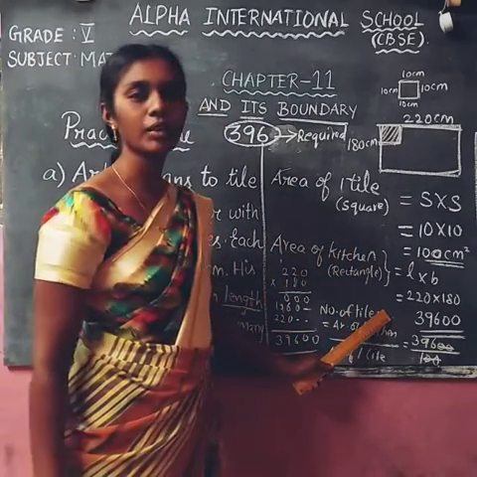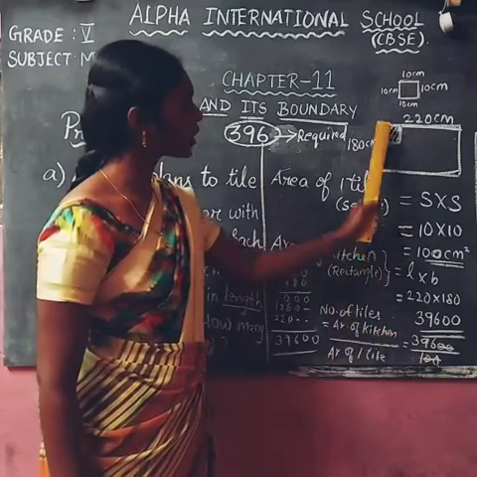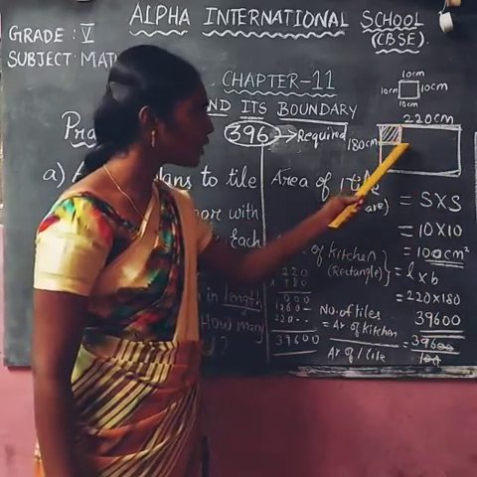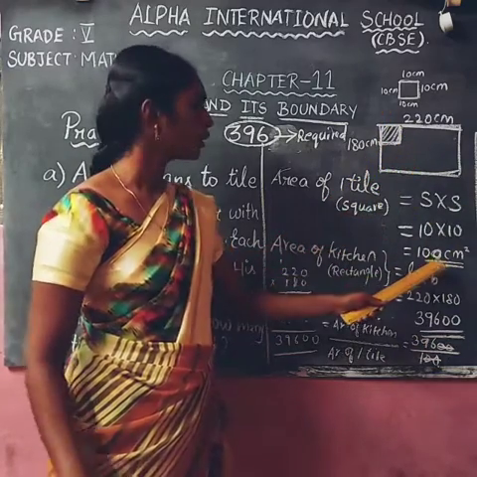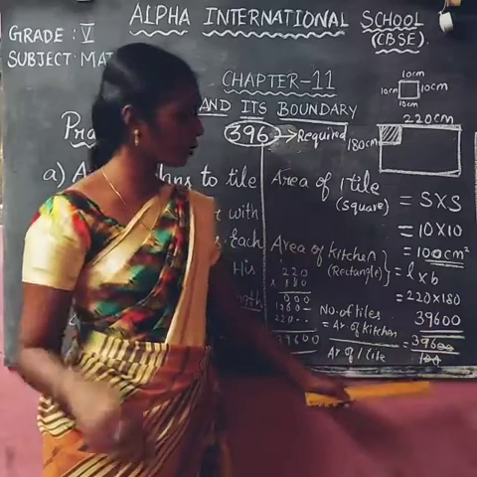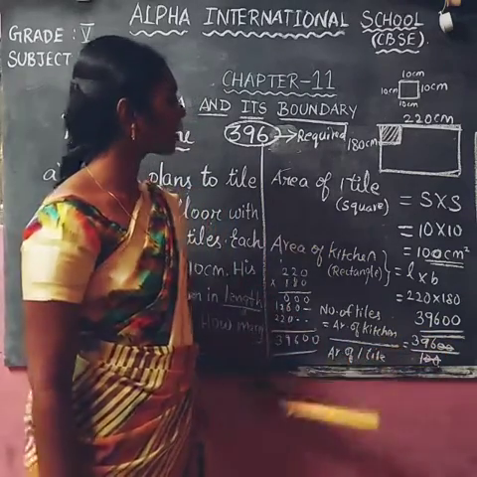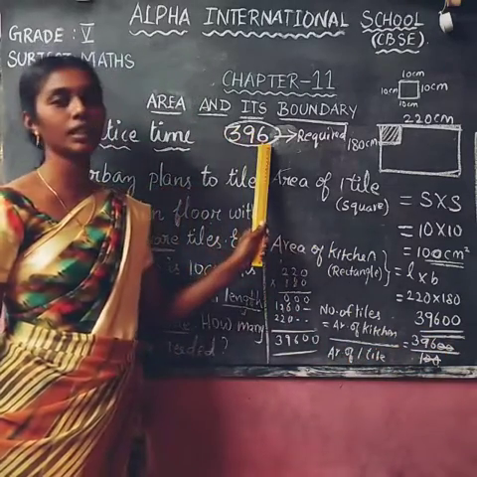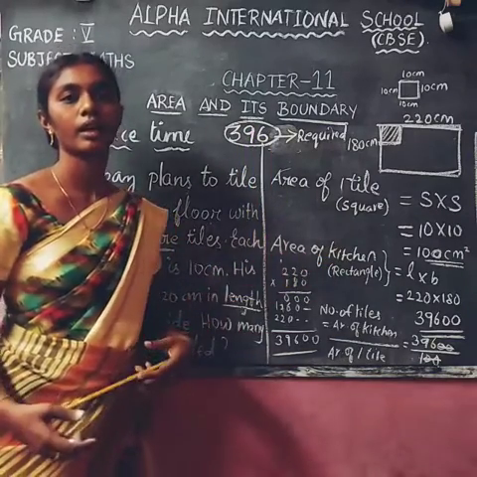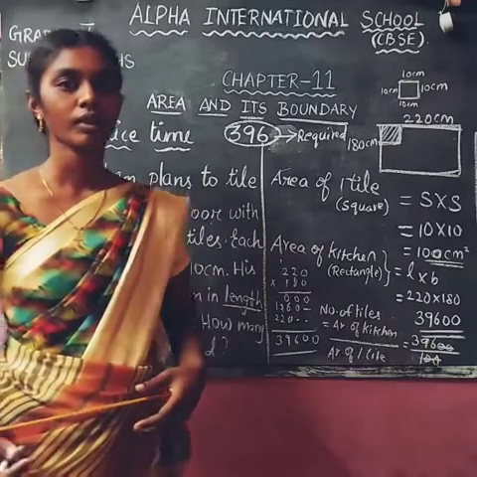So the number of tiles required is equal to the area of the kitchen divided by the area of each tile. The total area of the kitchen is 39,600 and the area of one tile is 100 centimeter square. Dividing 39,600 by 100, the 0s cancel. At last I get 396 tiles required to complete this full rectangle. Clear, children? Thank you.